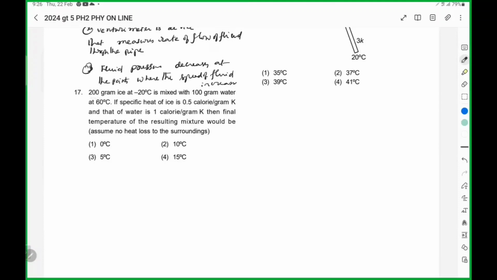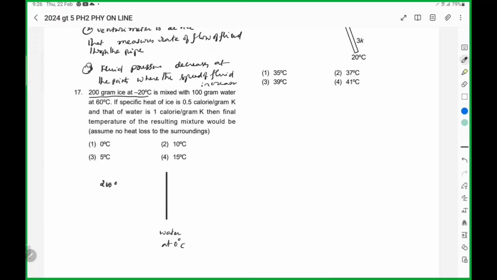200 grams of ice at minus 20 degrees. To solve this kind of problem, one reference level is important. I will take the reference level as water at 0.